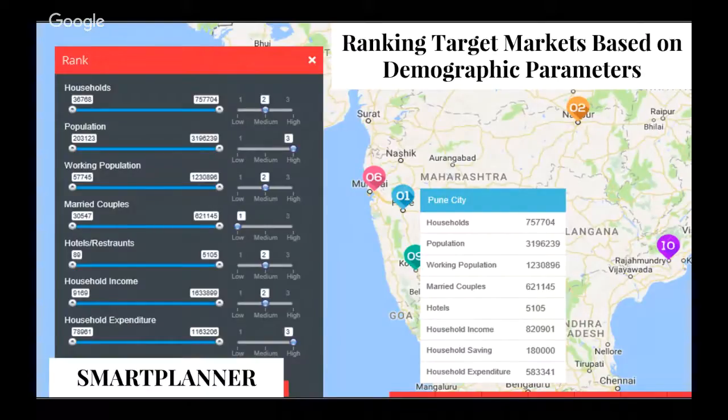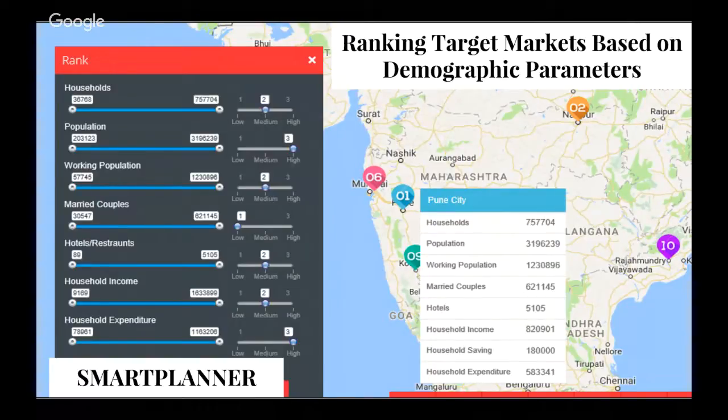There are a lot of organizations who would want to launch the product in a tier 1 city or metro city, but at the same time, they want to launch, let's say, a smaller version in a tier 3 city. The parameters you would want to consider while expanding your business across multiple cities might be the same, but the weightage you want to give them across these cities might vary.